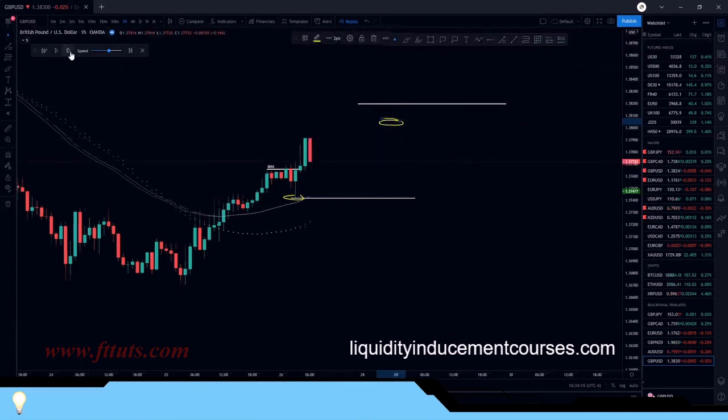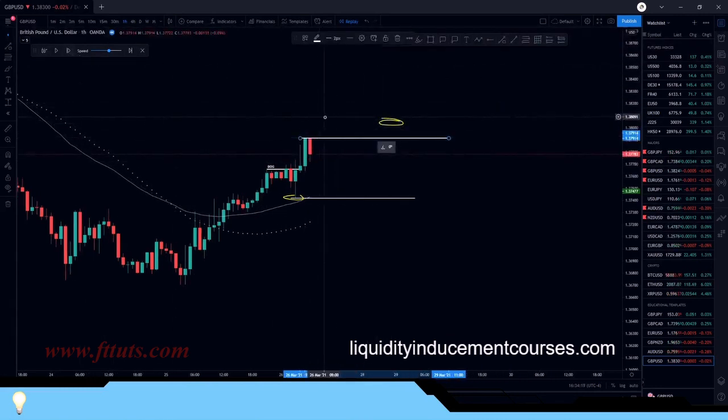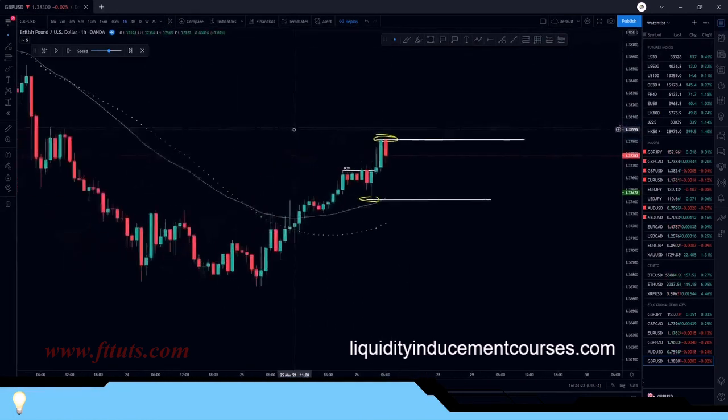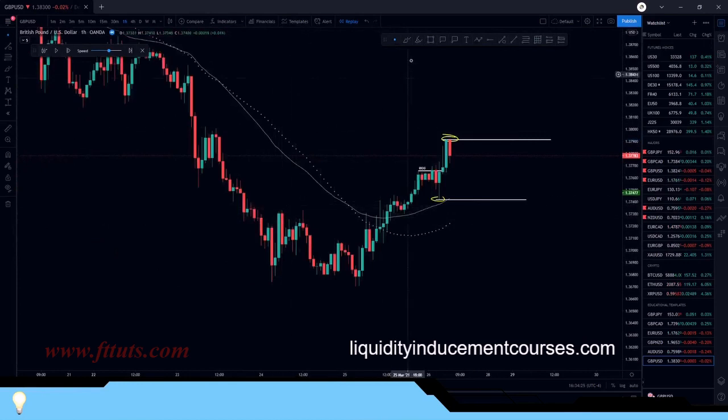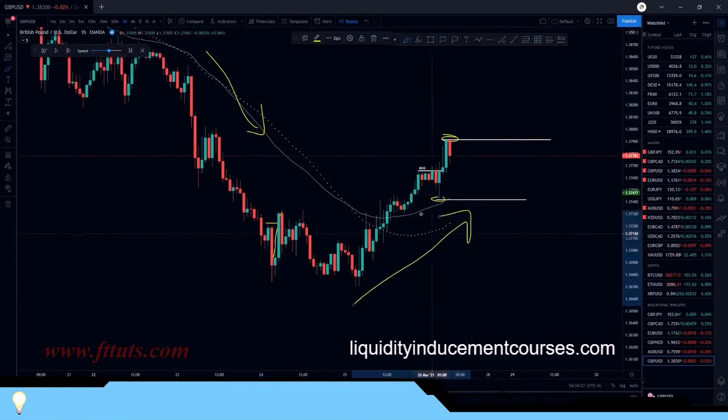Once it creates resistance, then we can consider this as our new high. Okay, so you can see how from our first break of structure to the upside, from this point here, this gave us a signal that we're potentially shifting from a bearish market structure to a bullish market structure.